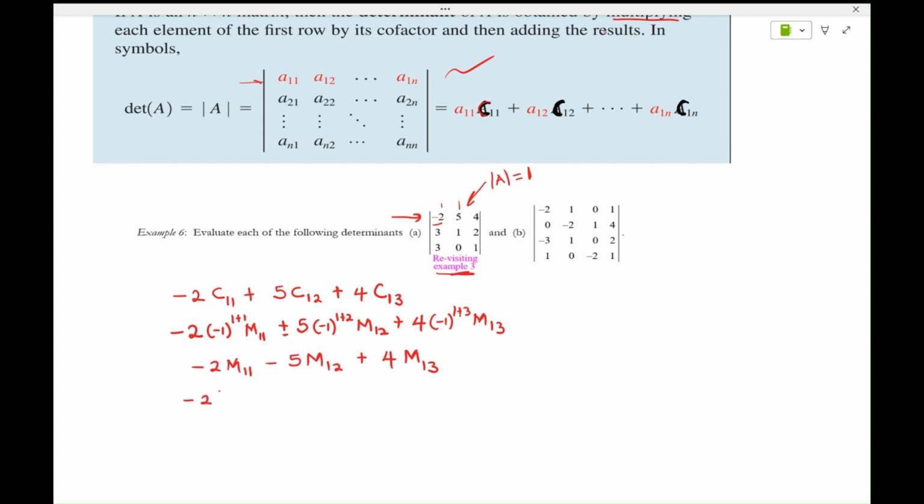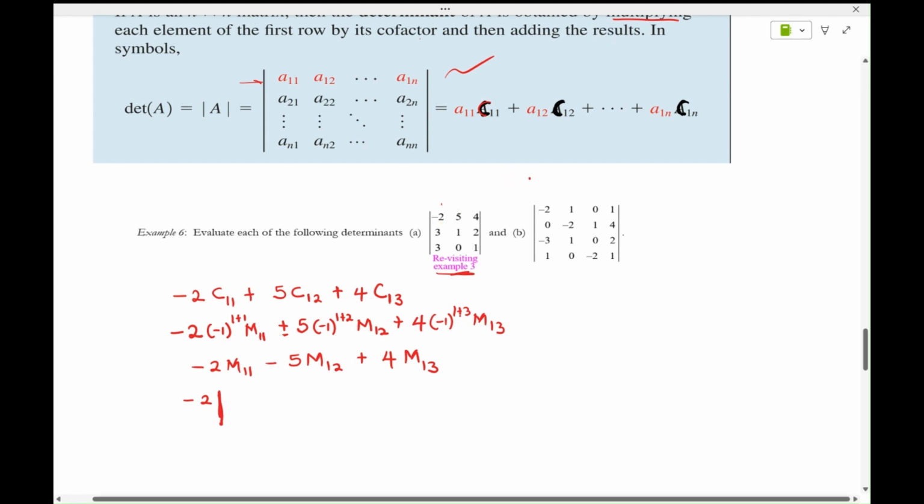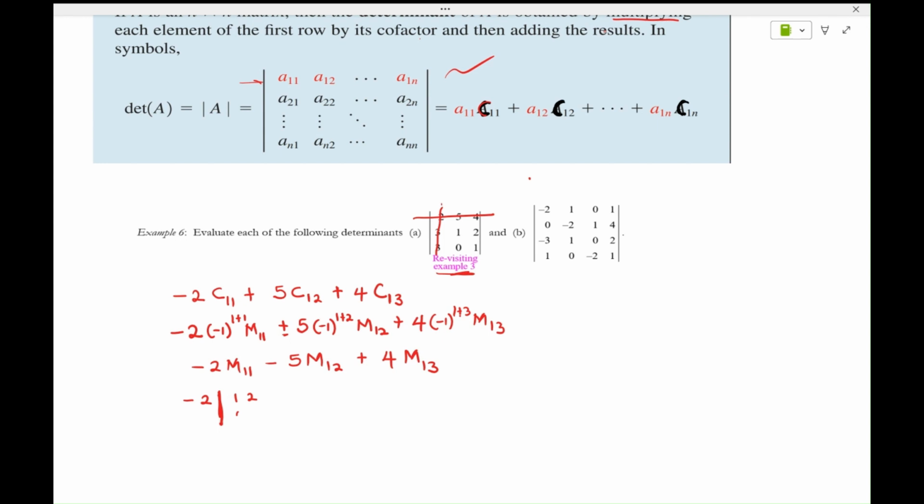All right. So now this is minus 2. What is M11? M11 is the determinant of what is left. M11 means I need to delete the first row and first column. So we'll be left with 1, 2, 0, 1. Minus 5 M12.